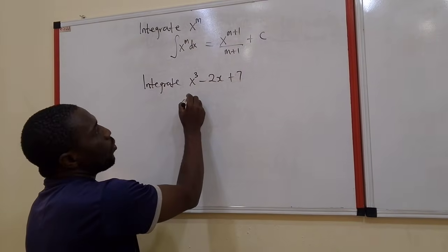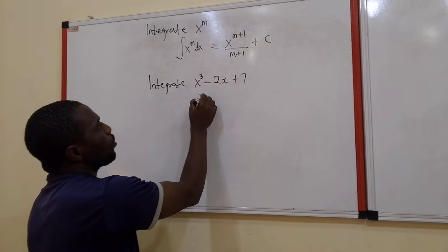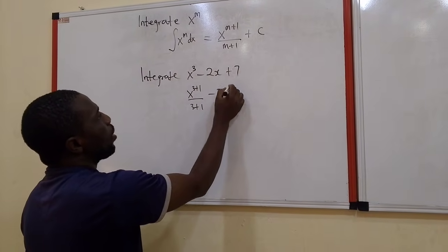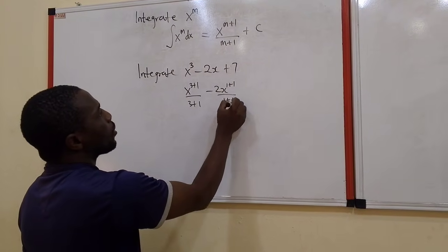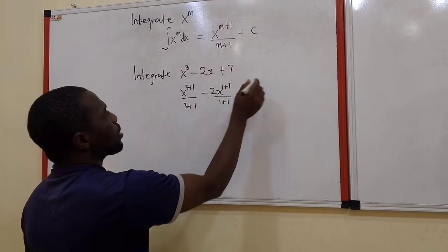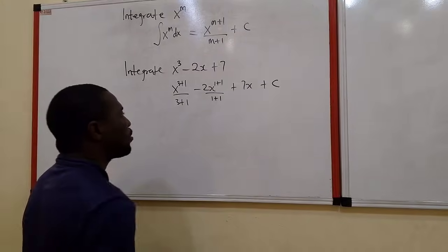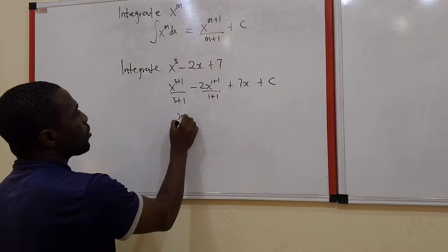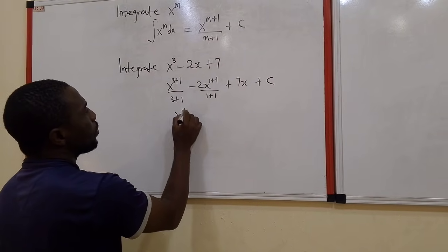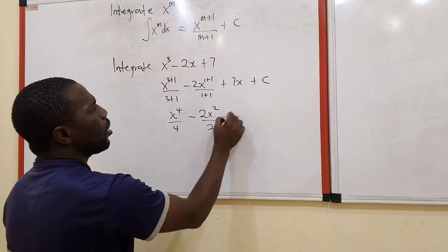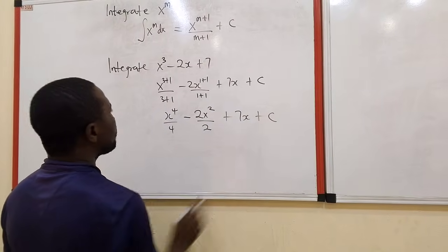This is equal to x raised to 3 plus 1 over 3 plus 1, minus 2x raised to 1 plus 1 over 1 plus 1, plus 7x plus c. So this will give me x raised to 4 over 4 minus 2x squared over 2 plus 7x plus c.